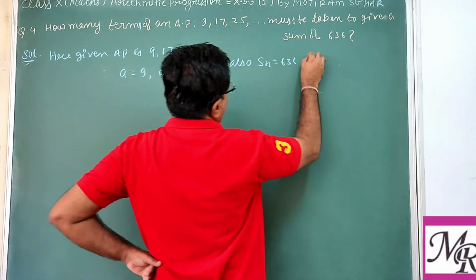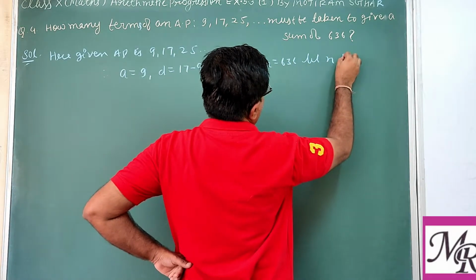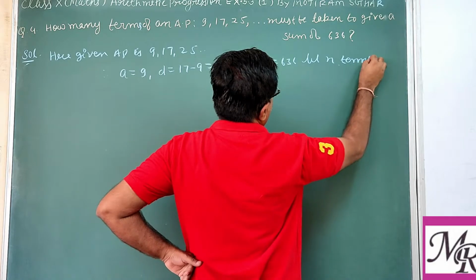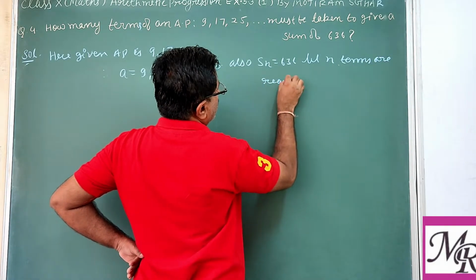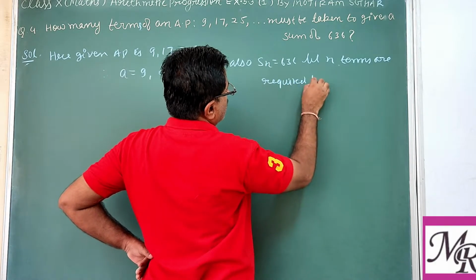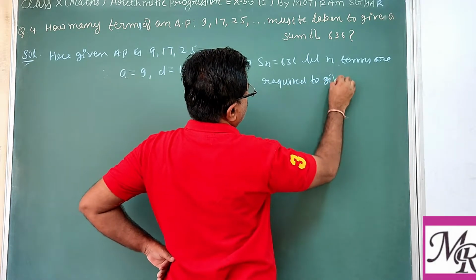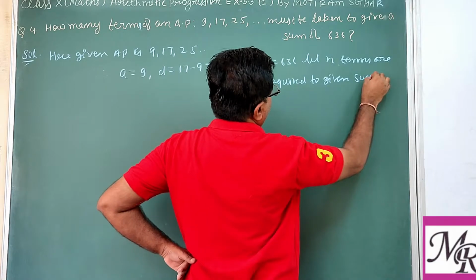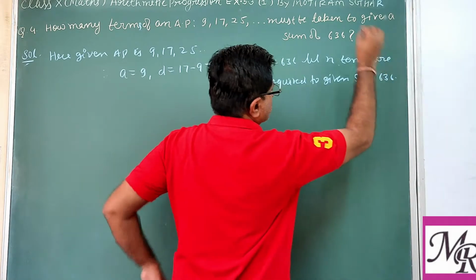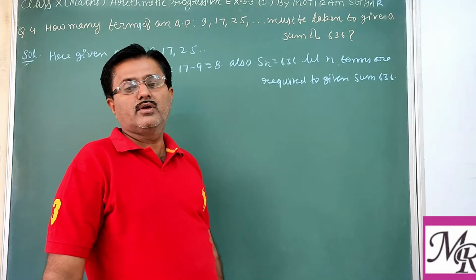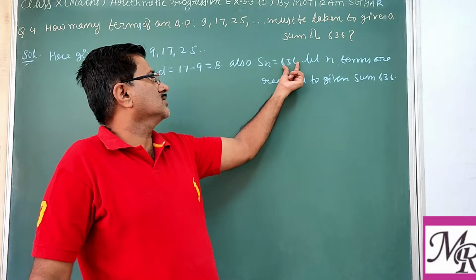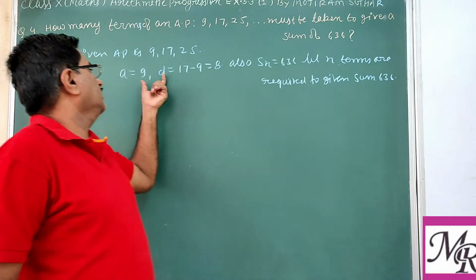So we can say that n terms are required to give sum 636. We suppose here that there are n terms whose sum is 636. So in this we get the AP.